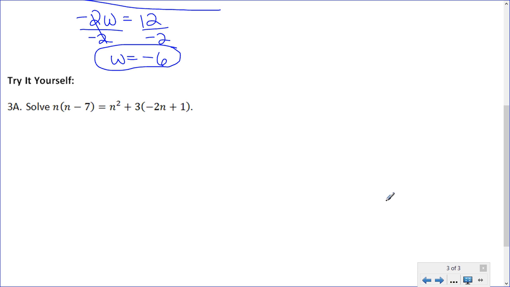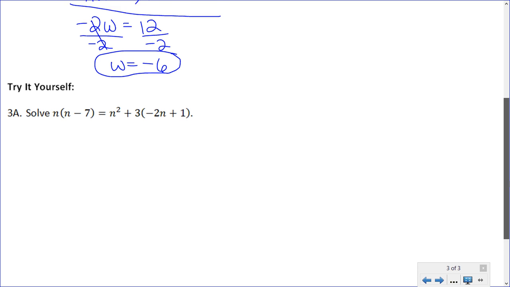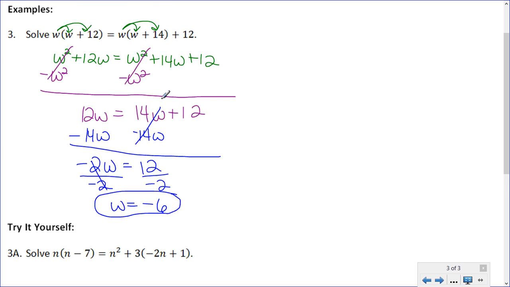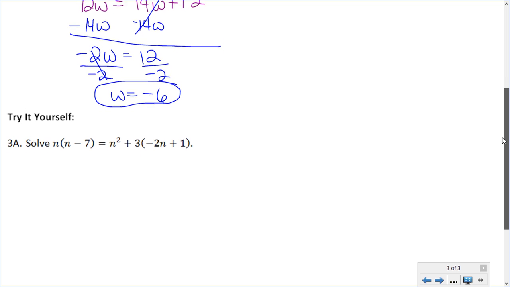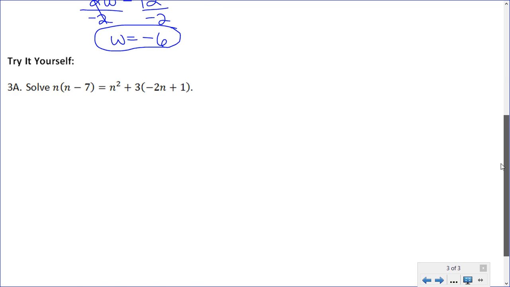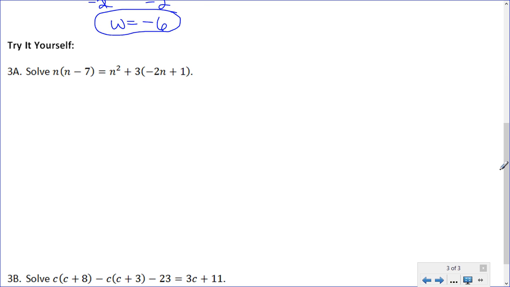So you should have some sort of work shown for these, just like when we did chapter 4 and chapter 5, where you had to show your work just like this, where you have the whole thing written out and you subtracted from both sides, you're canceling stuff out. Your work for Try It Yourself 3A and 3B should look pretty much identical to this. This is one of those things that's just non-negotiable as far as work goes. So work through those two problems, make sure to show your work, and then when you're ready to check your answers, press play.